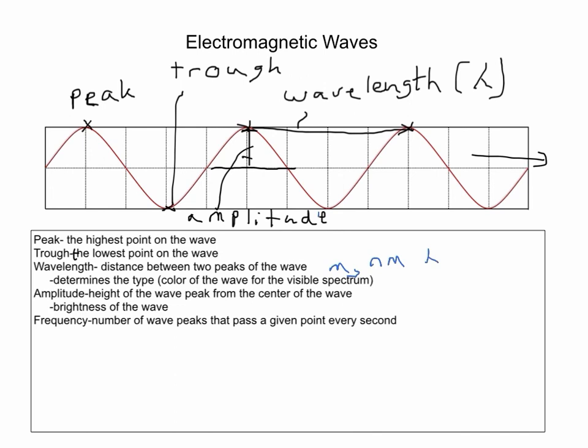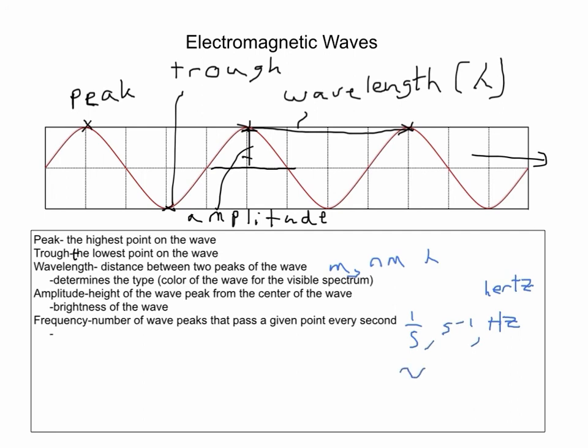Frequency is measured in the unit of 1/seconds, which is the same as s to the -1, also known as hertz, Hz. The symbol for frequency is the Greek letter nu.